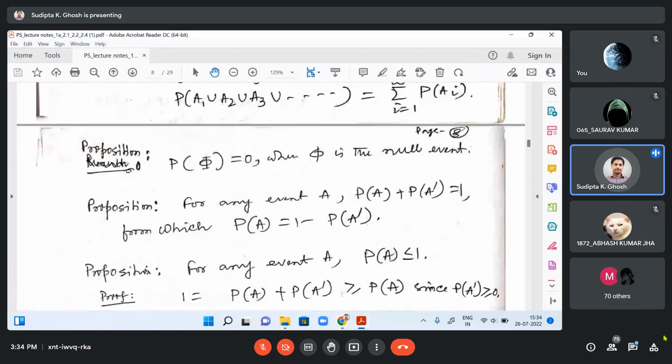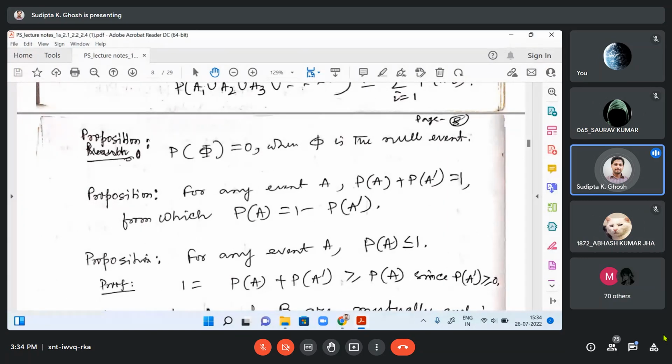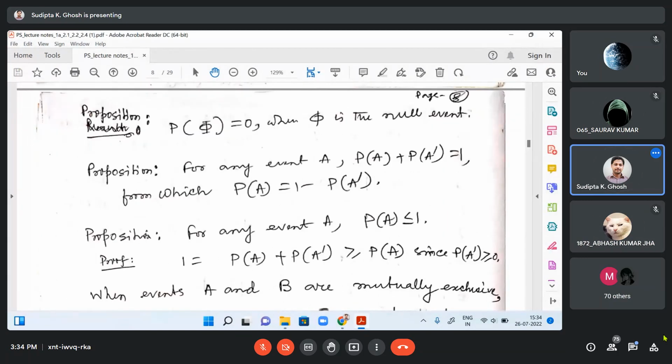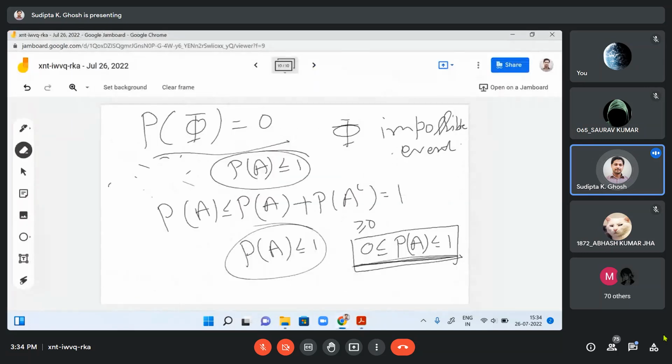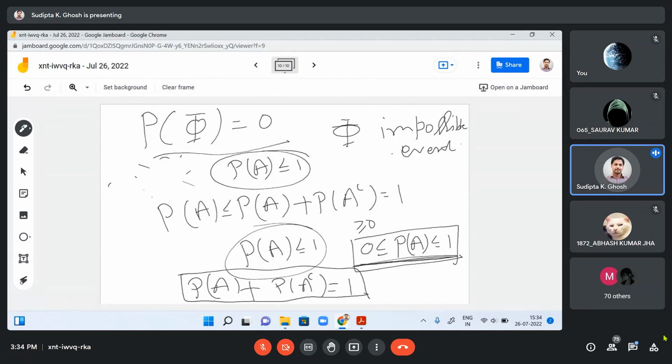Okay. Exams: the probability of phi is equal to 0, the probability of A is less than or equal to 1. And there is another proposition: the probability of A plus the probability of A complement is always equal to 1. That is a proposition actually. This line you have to remember, extremely important. It is needed up to your last chapter.